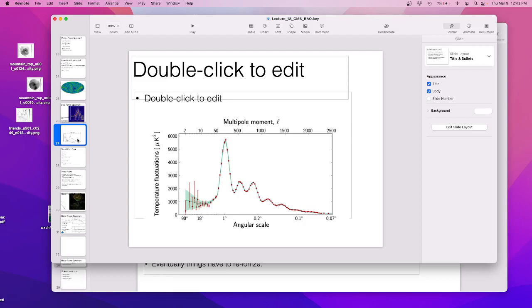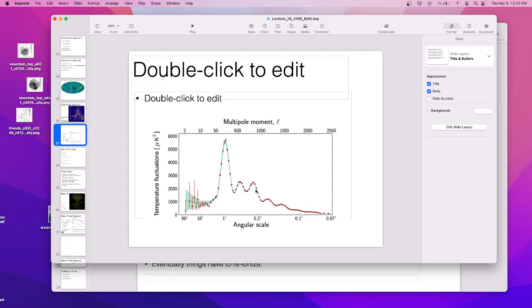But the size scale of those is about a half degree, because that's the size of the whole universe. That's the biggest thing you can fit into the causal horizon of the universe. So this is the biggest fluctuation you can have at that point in time. And then the next ones are overtones of that operation, overtones of the ringing. And the relative strengths of these peaks tell you how much stuff is there.